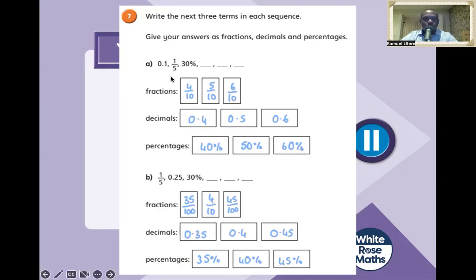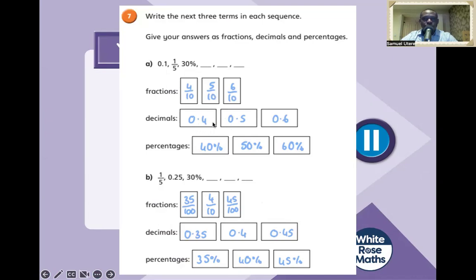And then here, for question B, you can see that's 0.1, that's 0.2. So it's increasing by 0.1, or we can say 10% every time. So the next one will be 4/10, 40%, 50%, 60%.